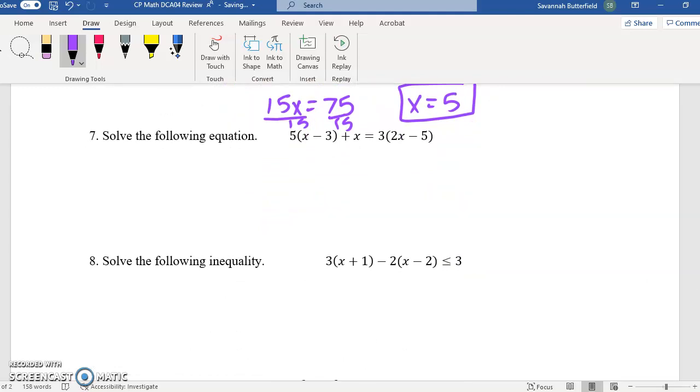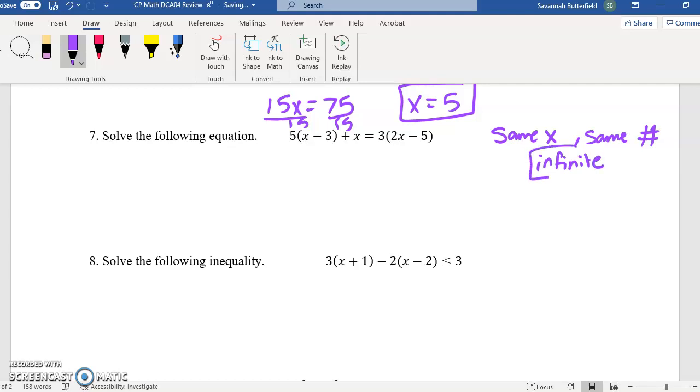Number 7, solve the following equation. We've done this before, so keep in mind if you get the same number of x's, so same x, and same constant, so same number, you have infinite solutions.